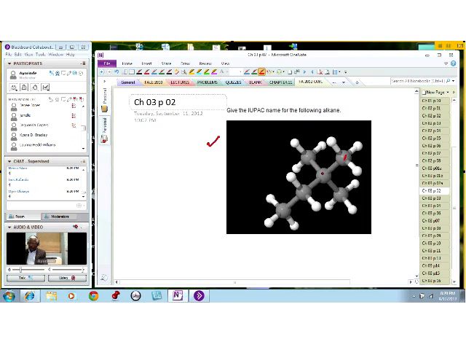That is 1, 2, 3, and 4. So you have 2 methyl groups attached to carbon number 2. That would be this here, this here, this here: 1, 2, 3, 4. Carbon number 2 has methyl and methyl. And that would be the skeletal structure for that molecule.